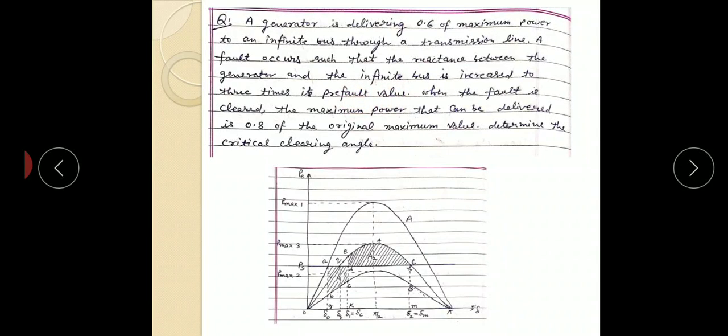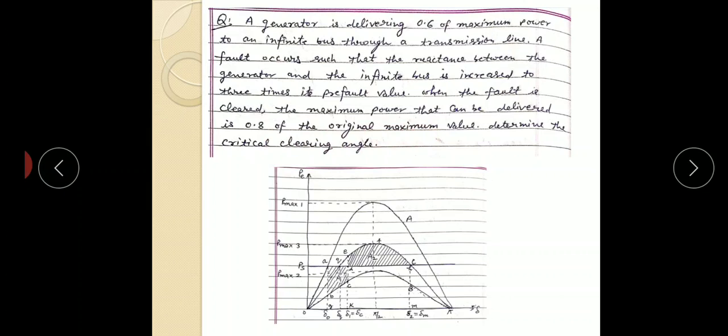When the fault is cleared, the maximum power that can be delivered is 0.8 of the original maximum value. Determine the critical clearing angle. So in this numerical, apply the formula of cos delta C and find the critical clearing angle.